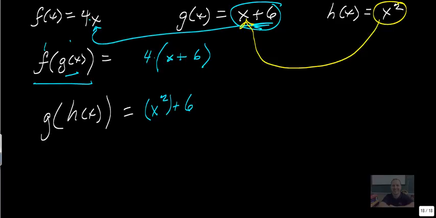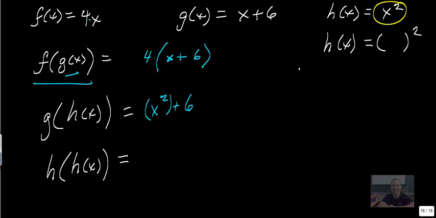All right, let's do one more. What about this? h of h of x. Doesn't even need to be another function. You can put a function inside of itself. So let's see if you can do that. I'm going to explain this one this way. I'm going to write down h of x twice here.